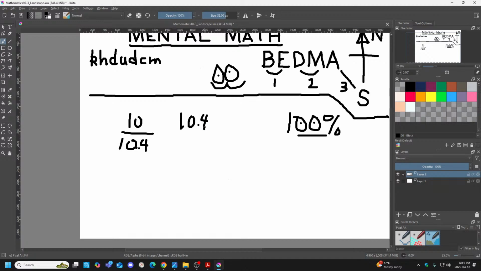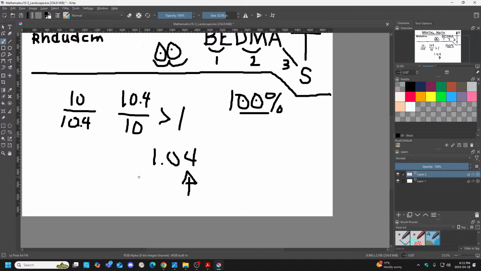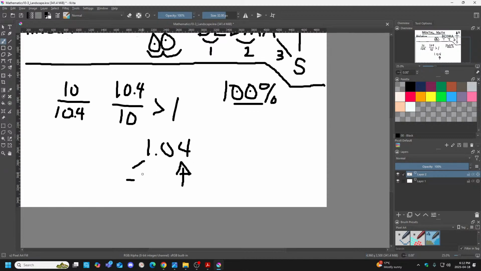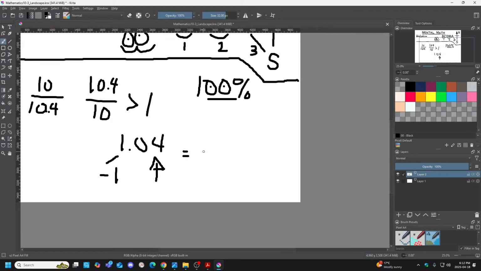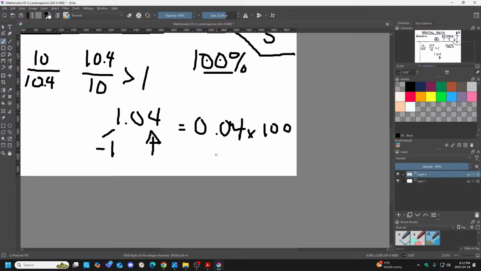It's actually 10.4 divided by 10 because that takes you greater than 1, which is 1.04. That's the increase right there, 4%. So I minus the 1, minus 1, which equals 0.04, and then I had to multiply by 100 to get the percent.